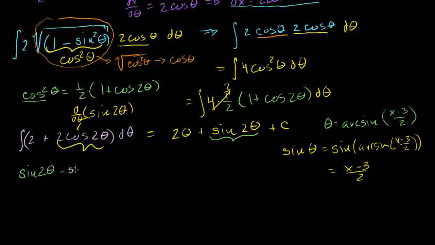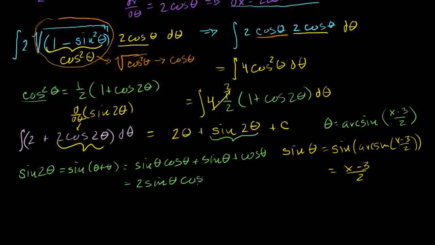That's equal to sine of θ cosine of θ plus, the θs get swapped around, sine of θ cosine of θ, which is equal to, this is just the same thing written twice, 2 sine of θ cosine of θ. Some people have this memorized ahead of time, and if you're going to have to take an exam on trig substitution, it doesn't hurt to have this memorized ahead of time. But let's rewrite this like this.